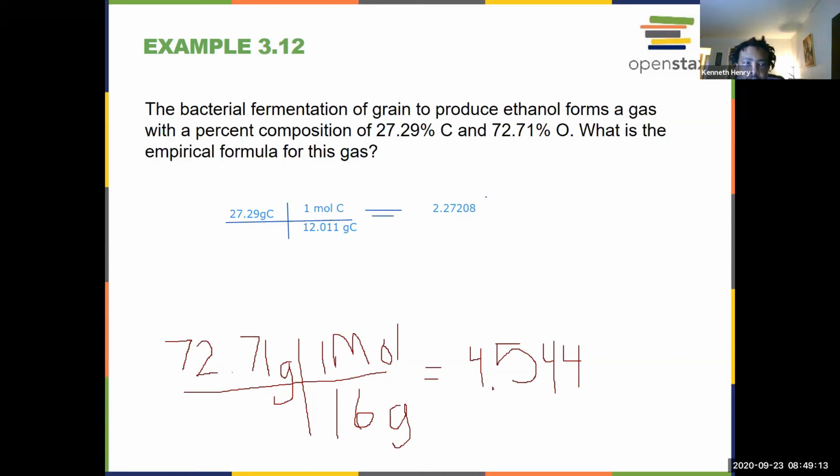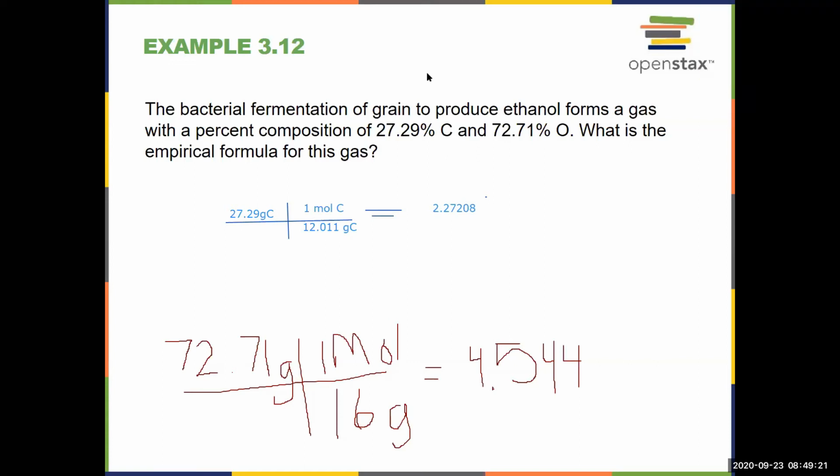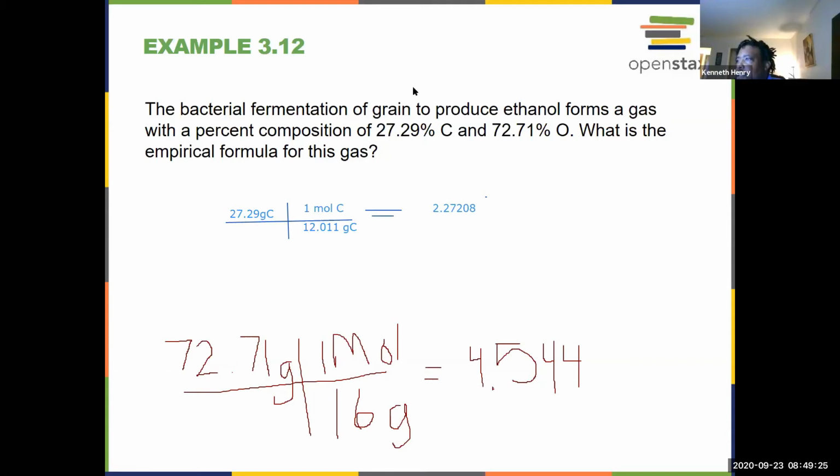Let's go with Gracia and Mauricio. What are we going to do next?